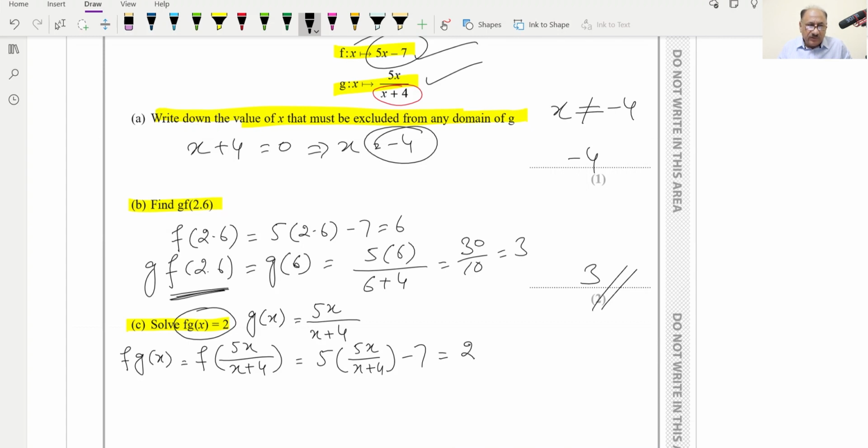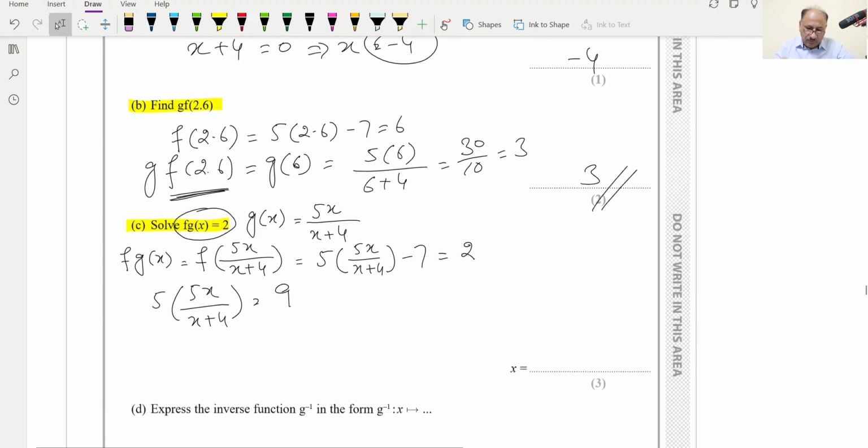Basically 7 first, we can shift 7 to other side, so it will be 5 into 5x over x plus 4 is equal to, this will be 2 plus 7 will be 9, and this will be what, 5. We can even multiply this, so it will be 25x over x plus 4 is equal to 9.